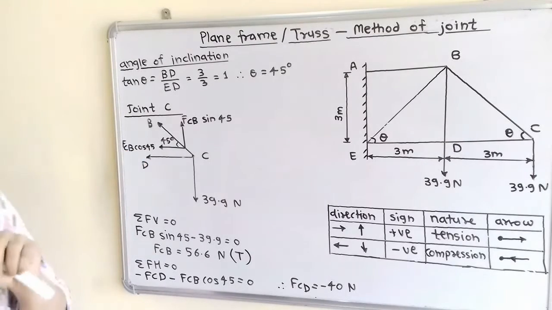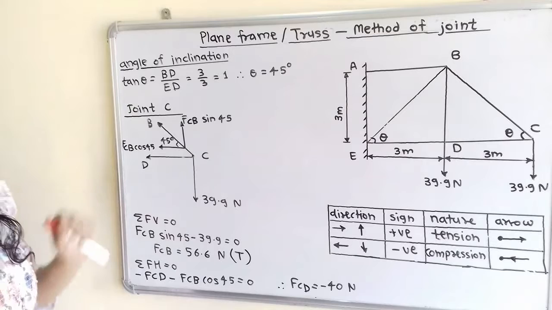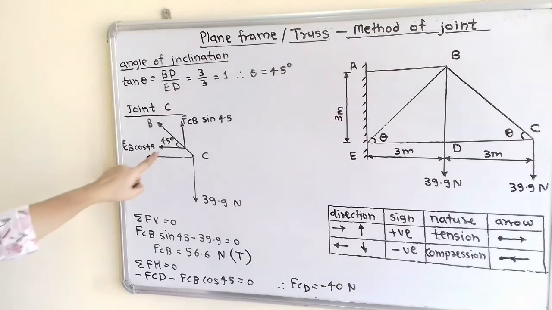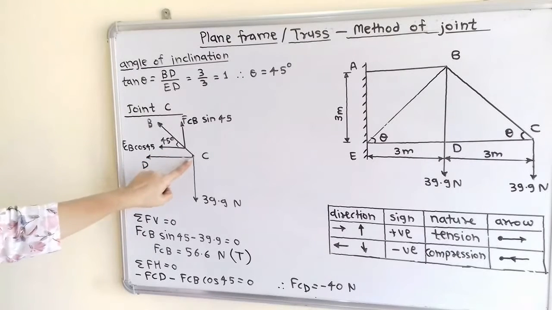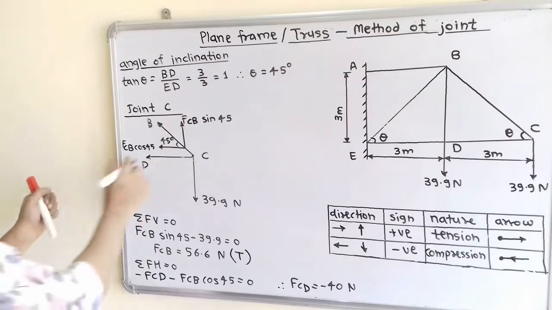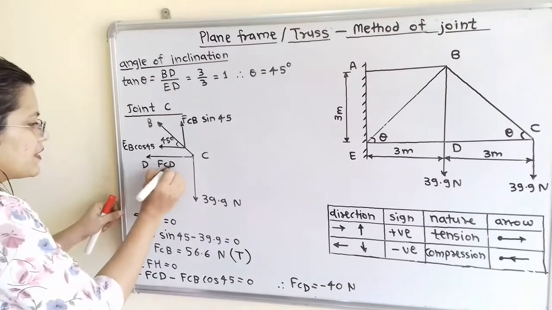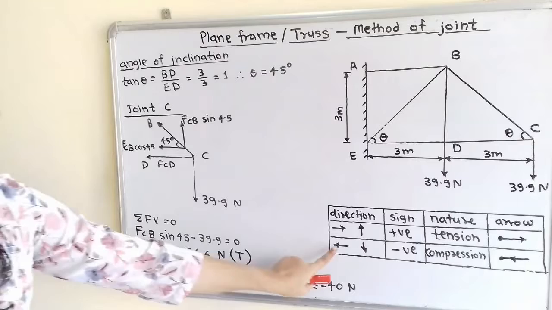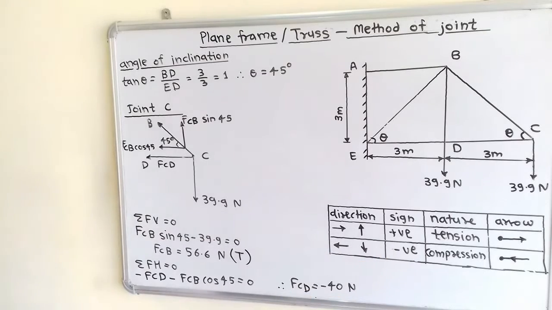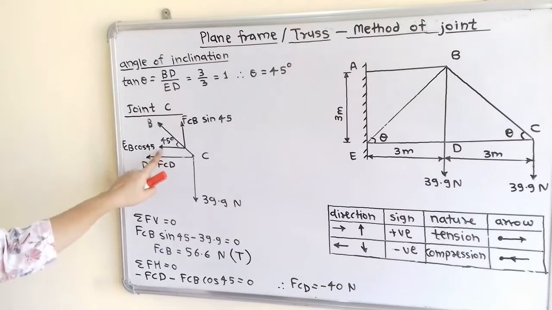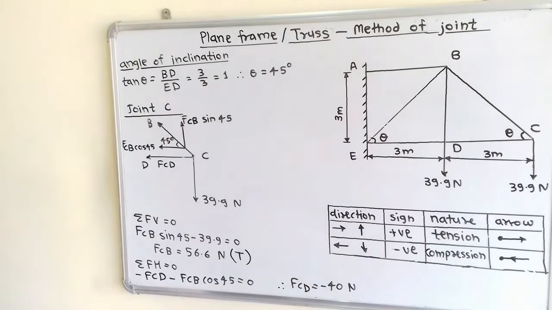Then we will move next to summation of all horizontal forces equal to 0. Here are two horizontal forces. In this member the force is FCD, and the direction is towards the left-hand side, so for the left-hand side use a negative sign. And FCB cos 45 direction is also towards the left-hand side.